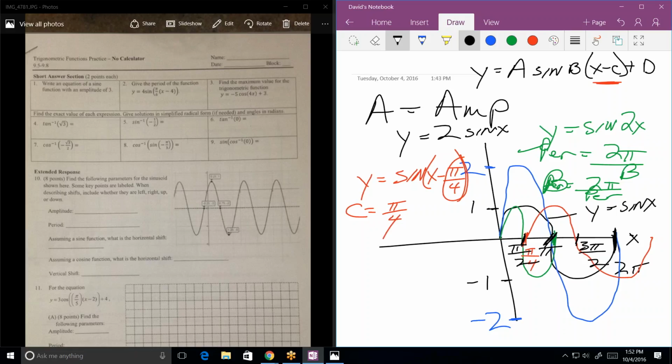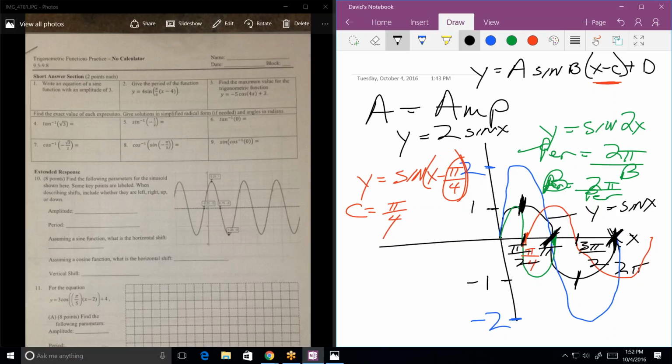Okay? Quartering it up is important because notice the peak of the function occurs at the first quarter. The 0 of the original function occurs at the second quarter, pi. The lowest point of the function, minus 1, occurs at the 3/4 point, and you get back to the starting point at 2 pi. So 2 pi is the period of y equals sine x.